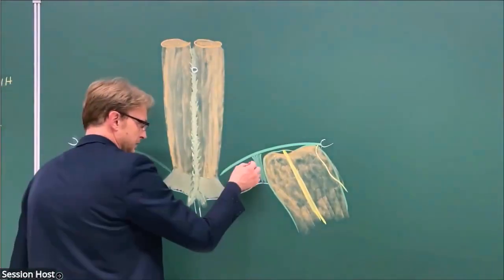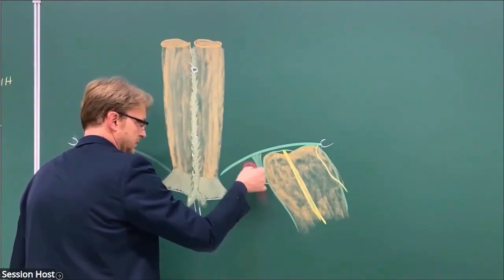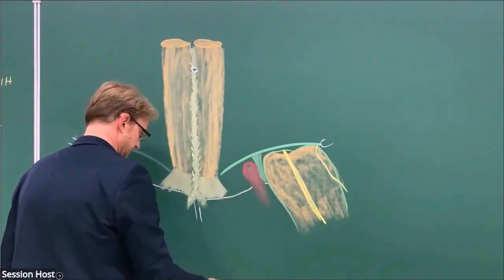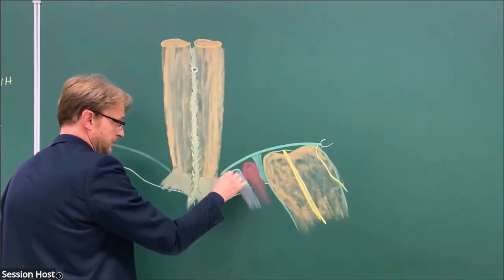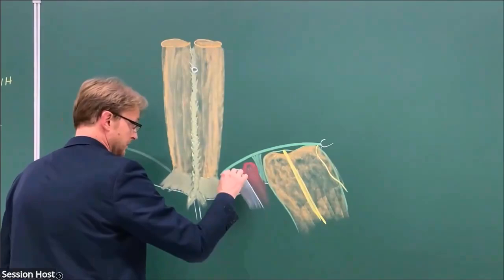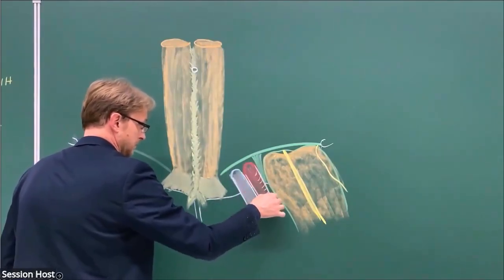Medially, this is the vascular lacuna, and we can find the external iliac artery, external iliac vein, like this.